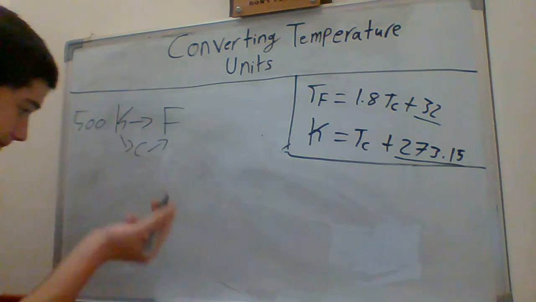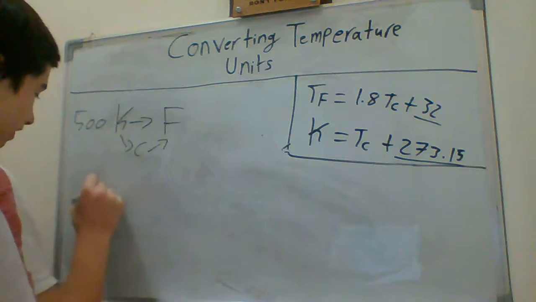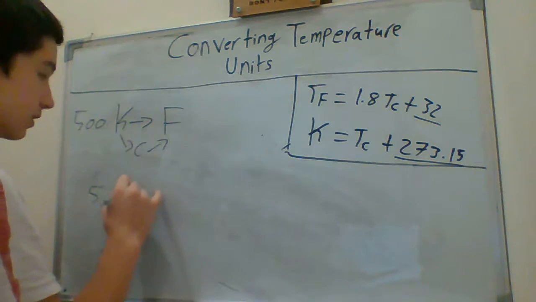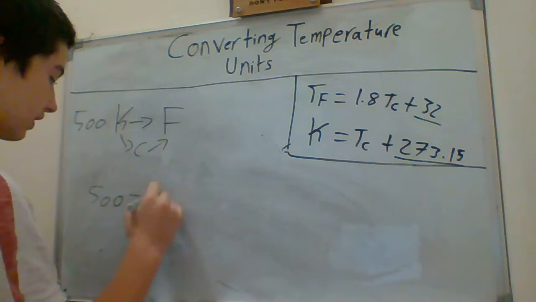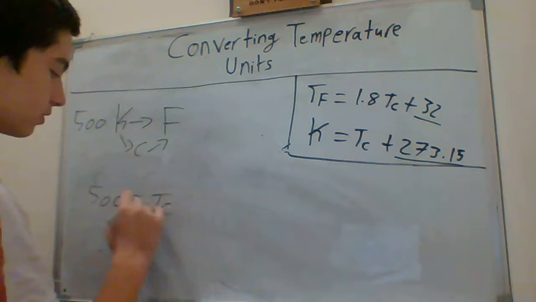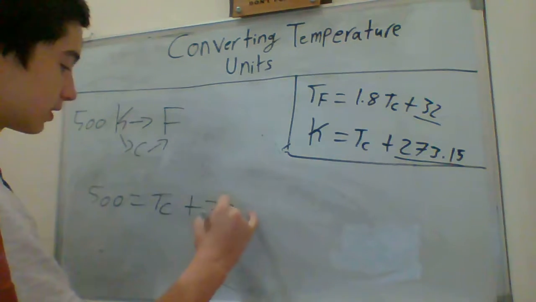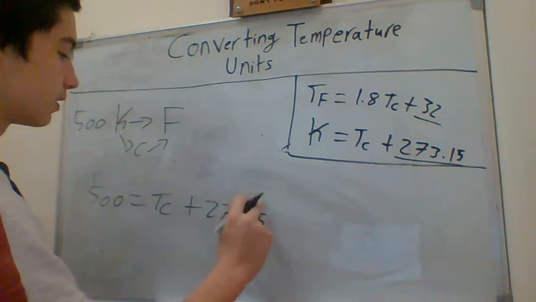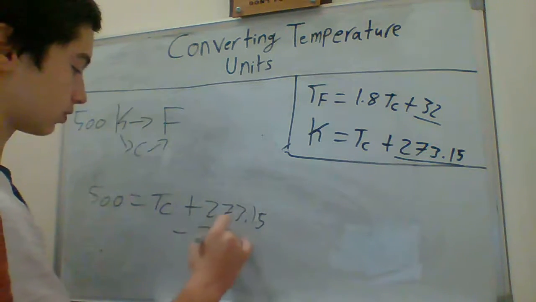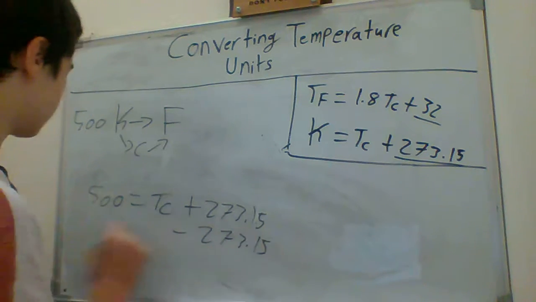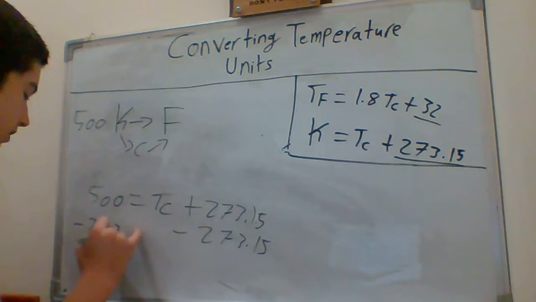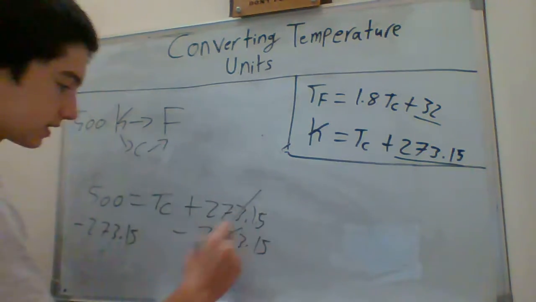So let's start. The 500 Kelvin will be written as equal to TC plus 273.15. Now we need to do the math, so subtract 273.15, 273.15. So this cancels this out.